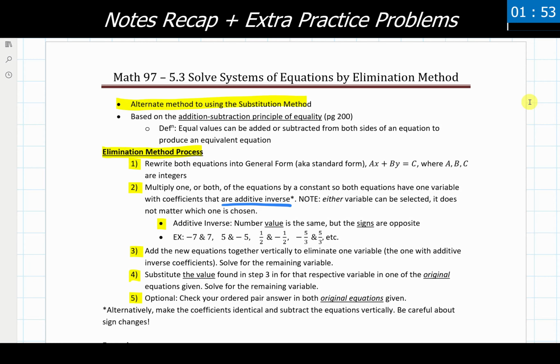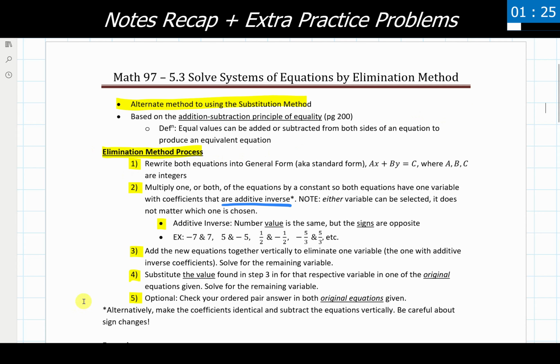As a quick recap of the stuff that we covered in this video, we worked with the elimination method, just as an alternate algebraic method to solve systems of equations. This is also very commonly referred to as the addition method, so be on the lookout for that slight name change that shows up, depending on the book or the YouTube video that you're looking at. Now we have our process listed out here.